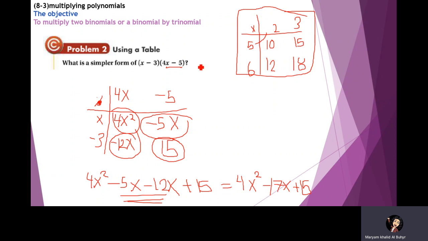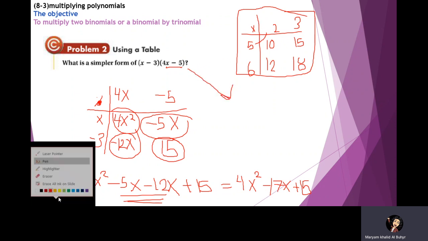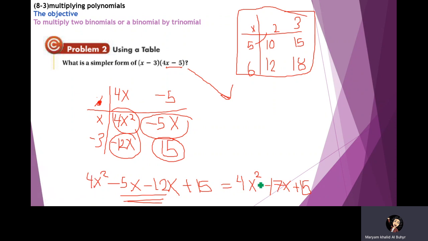If you use the same way that we did in the previous example, let me do exactly the same way. I will get the same result that I have here. So x times 4x minus 5, minus 3 times 4x minus 5.